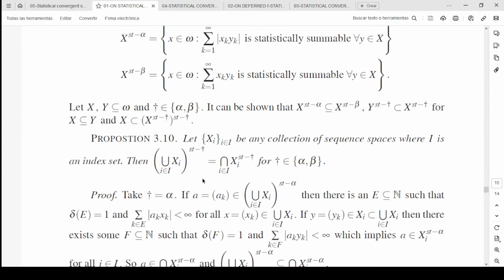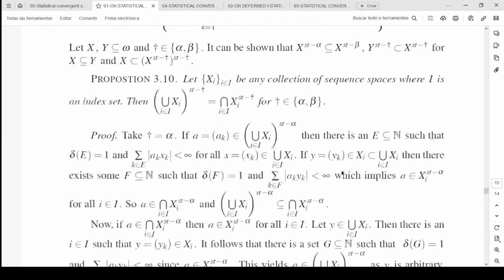In the first couple of propositions we discuss some properties equivalent to the ordinary case of duality.